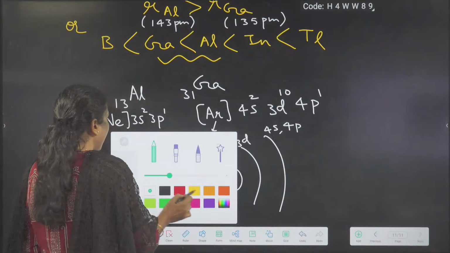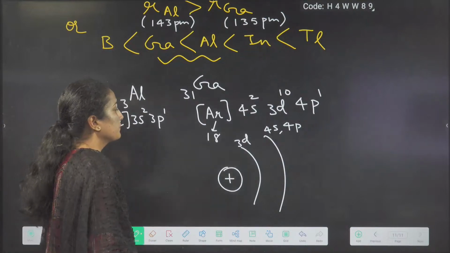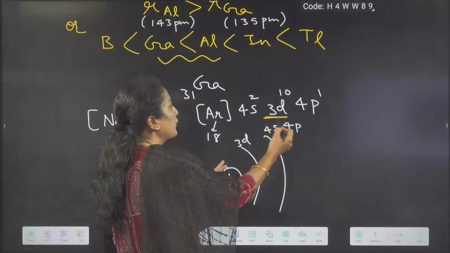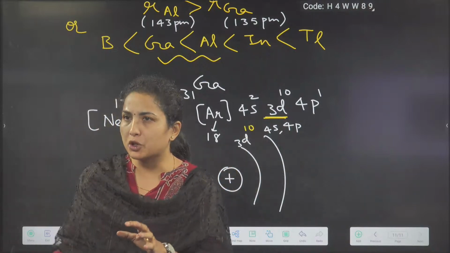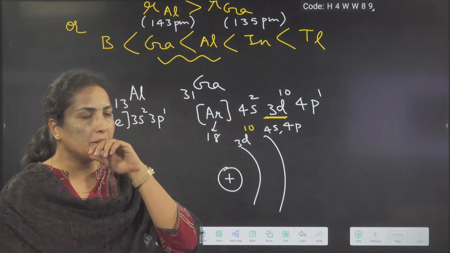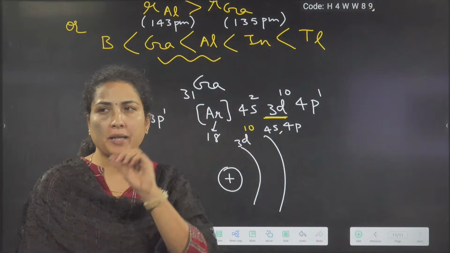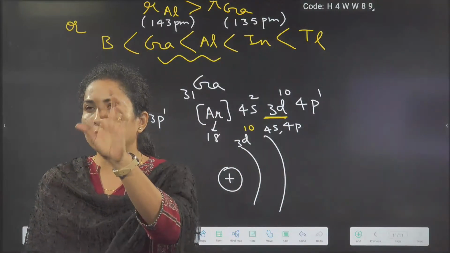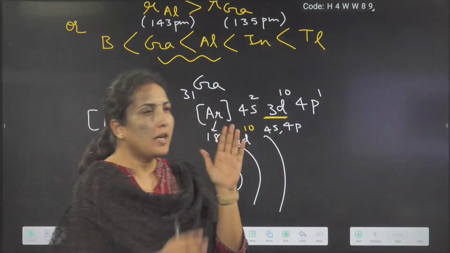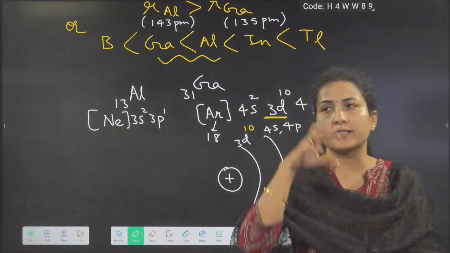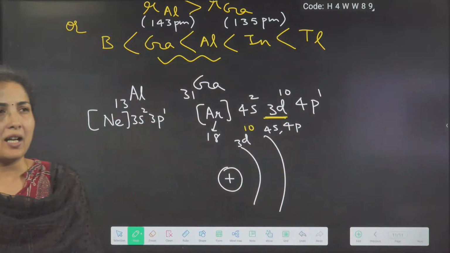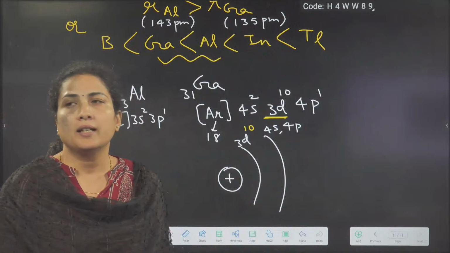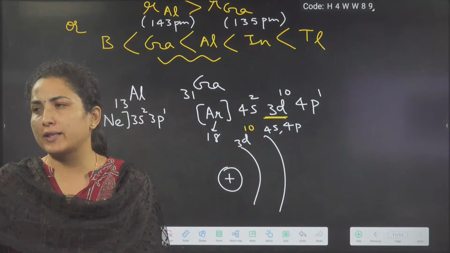Now you understand one thing: in case of gallium, are you able to see that 10 electrons have filled up in the 3d subshell? Do you agree or not? Kindly respond yes or no, whether you are getting it or not. I am just explaining what is happening in the outermost and the second last shell, with reference to 3d, 4s and 4p.